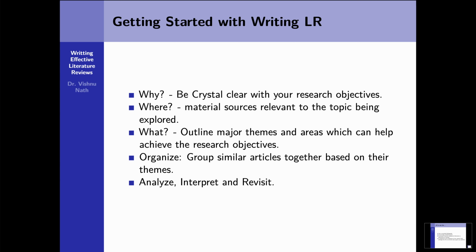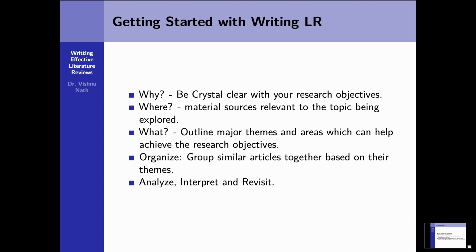So first of all, if you are in the beginning stage, then you need to ask your question: why are we doing the literature review? The why question is basically directed by the objectives of your research. And how do we get the objectives of our research? As I said previously, when you are selecting your topic, don't just select any topic randomly.